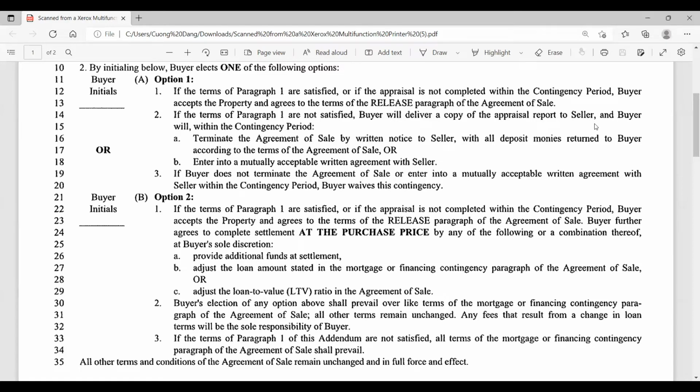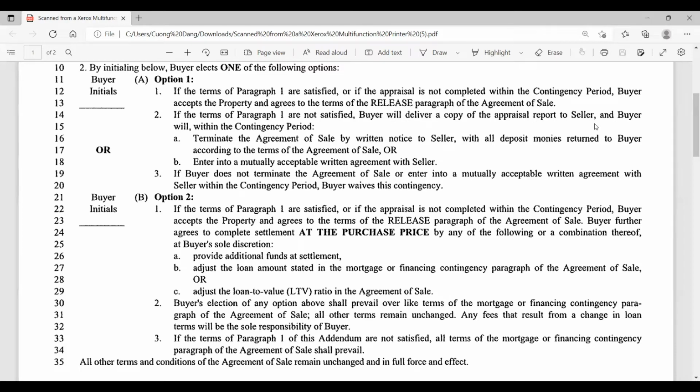Number 2, buyer's election of any option above shall prevail over like terms of the mortgage or financing contingency paragraph of the agreement of sale. So if you select option 2 and you go A, B, or C, then this will prevail over what you wrote in the agreement of sale.